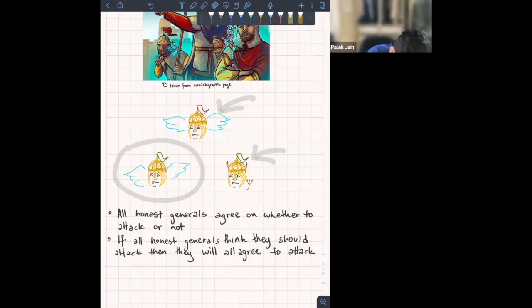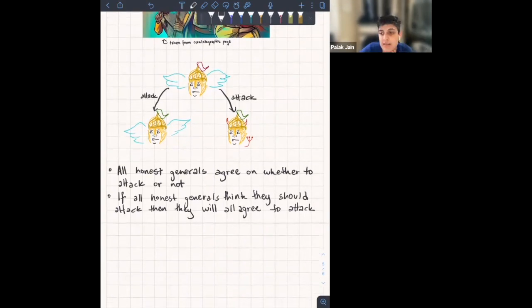So let's see what happens, right? So in the first version, we have a command come down from here that says attack to both the left and right generals. And then we're going to have this left general say to the right general, he said attack.